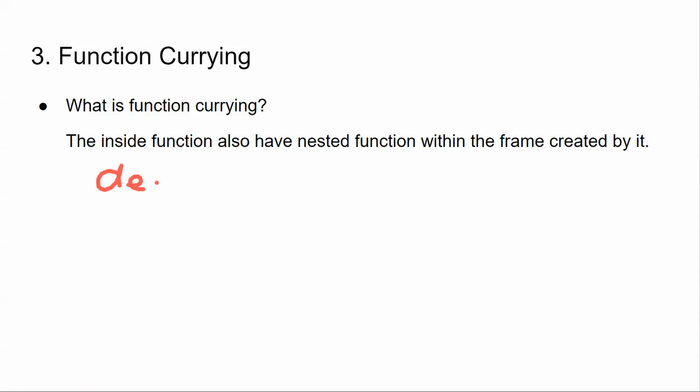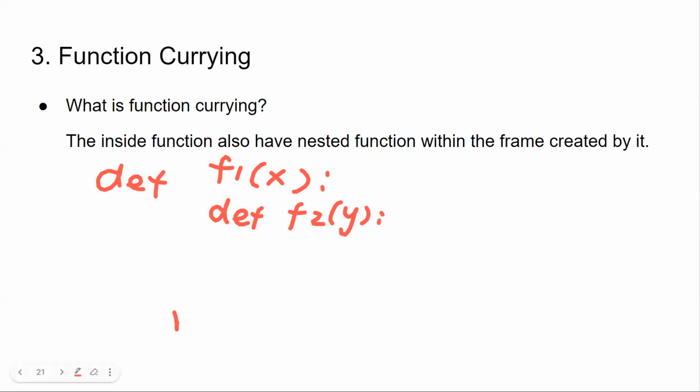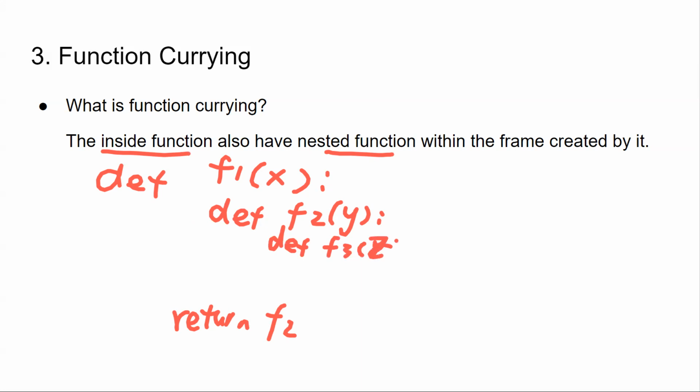The example is like, I have f1, suppose it takes x, and we define f2 with y, and then blah blah, and we still have to return f2, right? It's a function. But for the inside function, we also have a nested function. So say we define f3, and we still do something, let's say return, and then we still return f3.